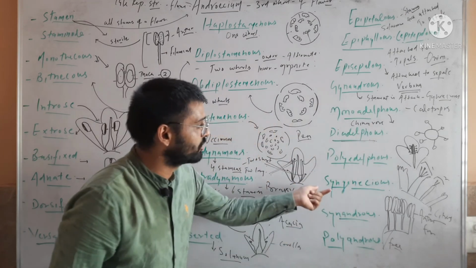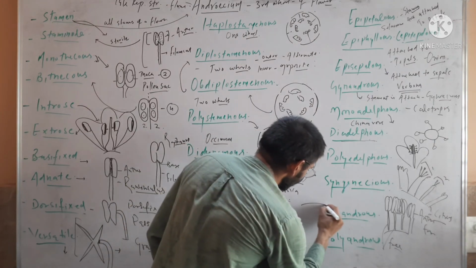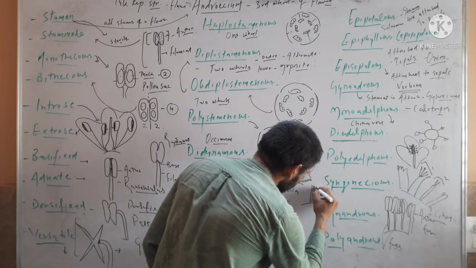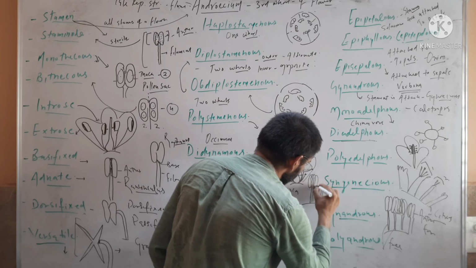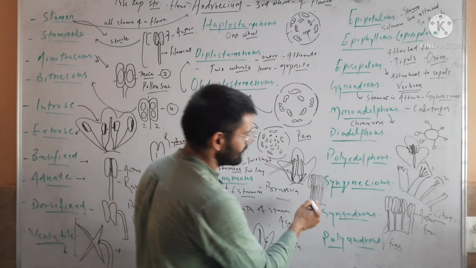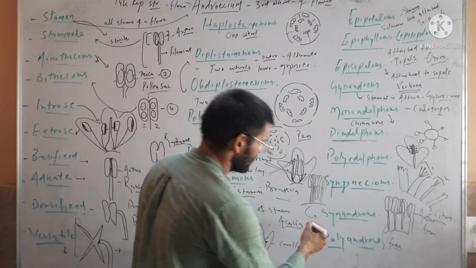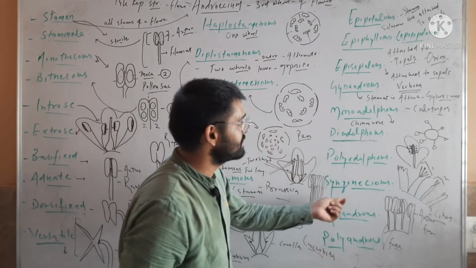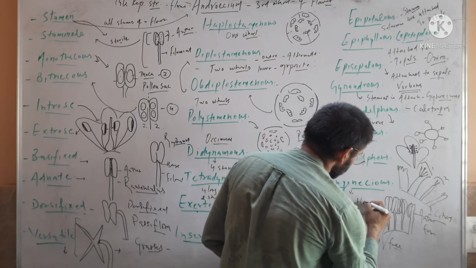So this type of condition is called syngenesious. Synandrous, when in a stamen both filament and anther are fused, then this condition is called synandrous. It is found in cucurbita. And syngenesious is found in sunflower.